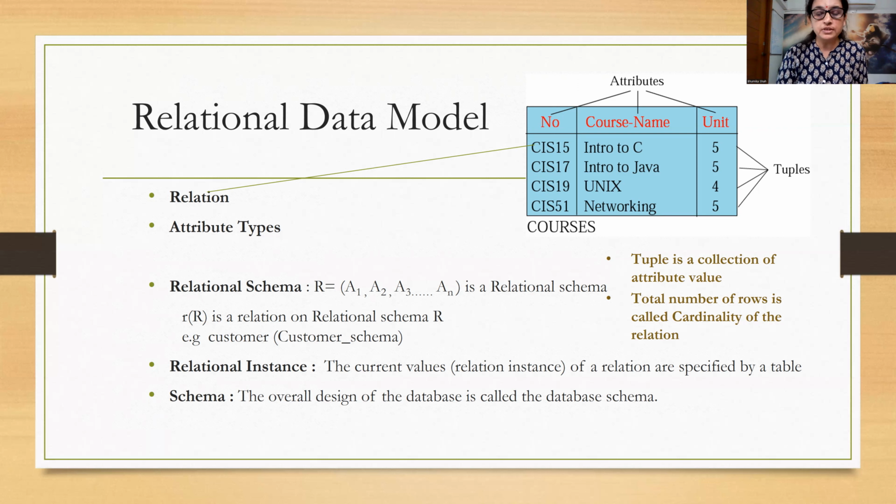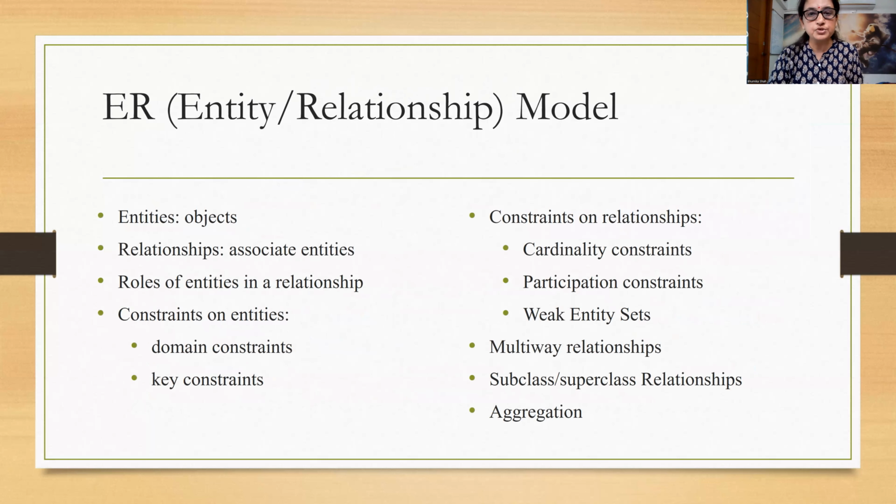Of course, as mentioned, semi-structured models are there, object data models are there. But we would here rather directly move on to the entity relationship model. With reference to the entity relationship model, we explain to the student what entities are, how you relate your real life entities, what a student is, when you would say that this student is a real life object, how you plot that student as an entity, how you plot department as an entity, how you plot course as an entity, what the role of entities in a relationship is, and what the constraints could be.